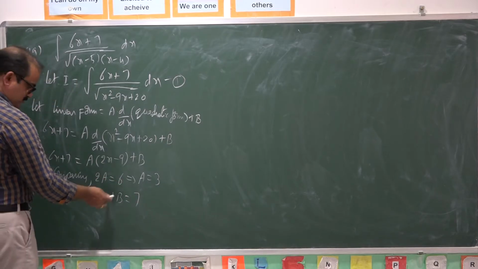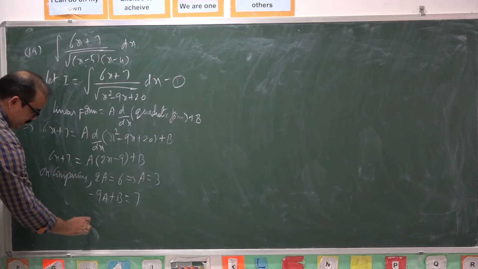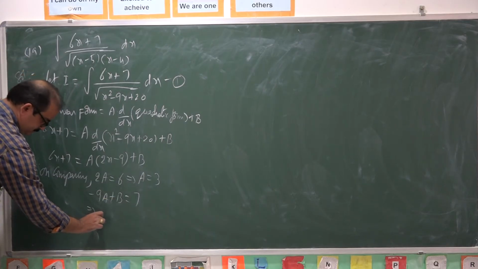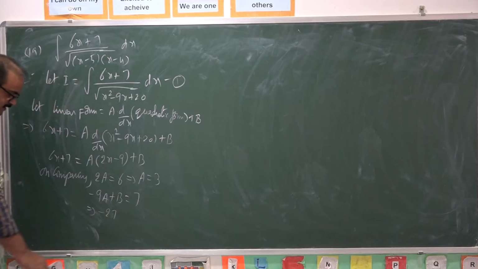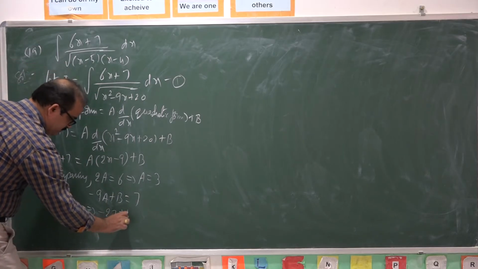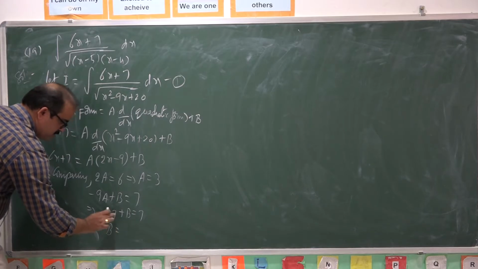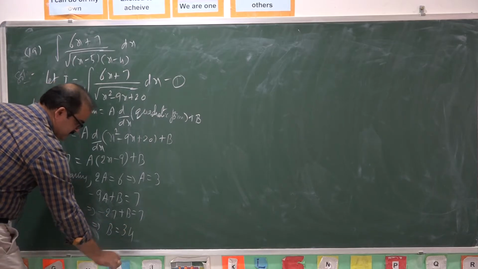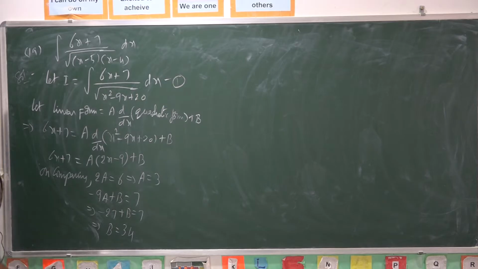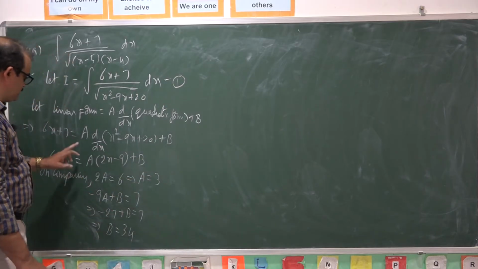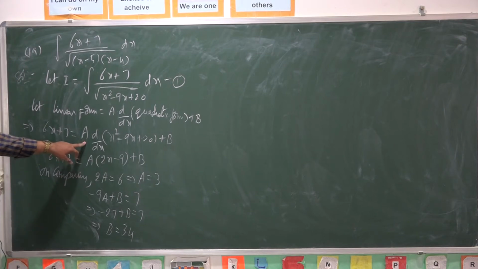You substitute the a value here, minus 9 into 3, minus 27 plus b is equal to 7. So b is equal to 27 plus 7, that is 34. So the a value is 3 and the b value is 34. You substitute a and b values here.